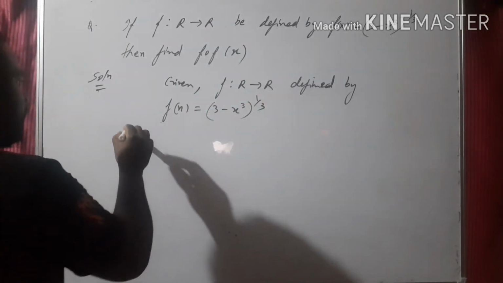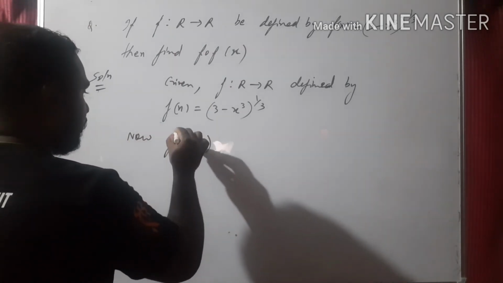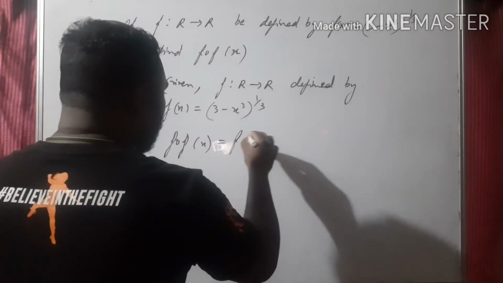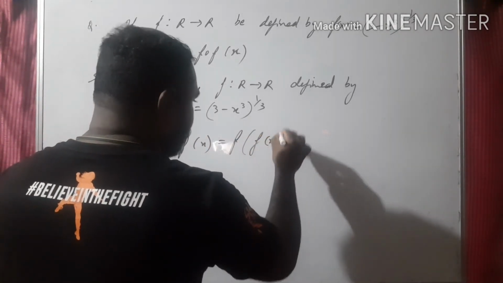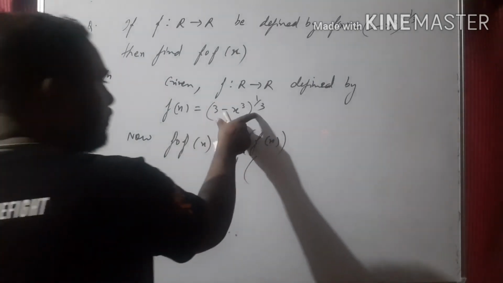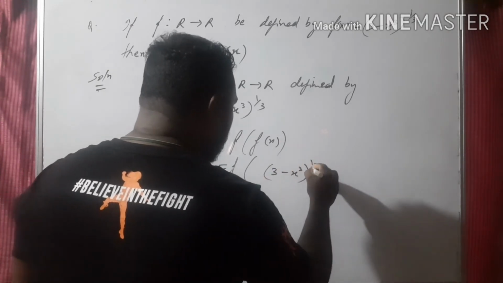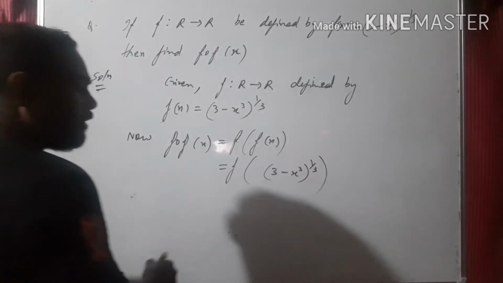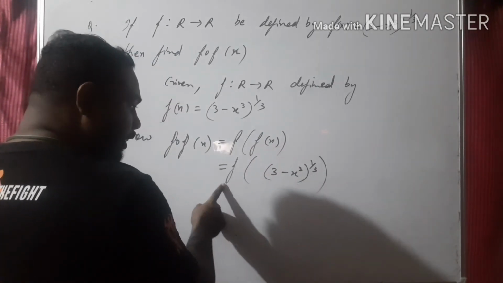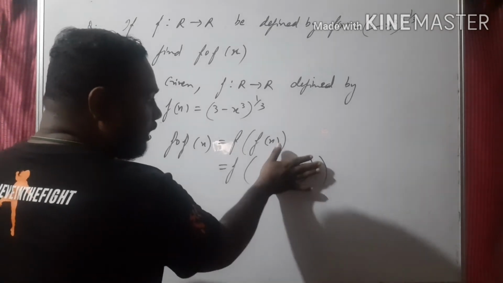I want to find f of f(x). So what is f(x)? f(x) is nothing but this function, so it will be (3 minus x cube) whole to the power 1 by 3. In place of f(x) I am putting this. Now here I have a function f, and inside, whatever is there, I will think this is x.